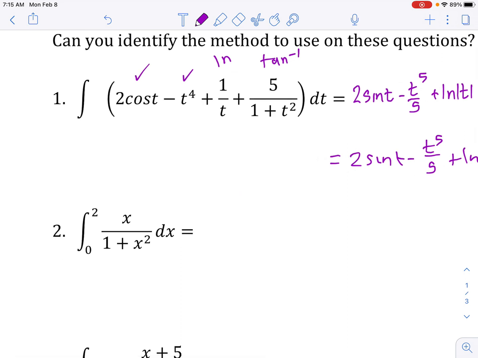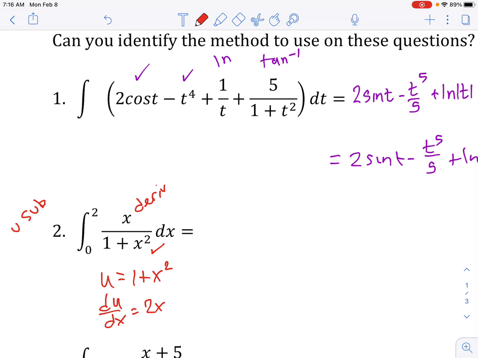Okay, so the next one we can see is a u sub. We have a function and a form of its derivative right here. So we're going to have u equal 1 plus x squared. That means du dx equals 2x.